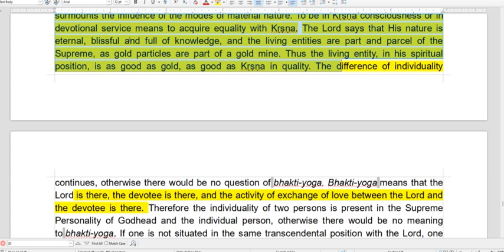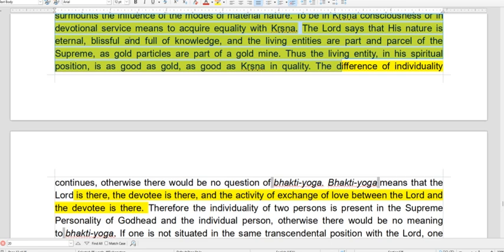The Lord says that His nature is eternal, blissful, and full of knowledge, and the living entities are part and parcel of the Supreme, as gold particles are part of a gold mine. Thus, the living entity in this spiritual position is as good as Krishna in quality.